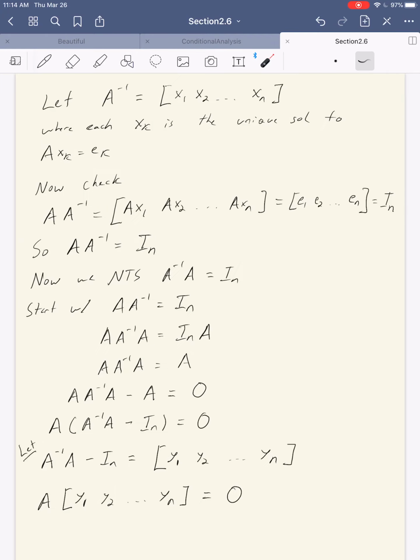Thus, we made A inverse as that collection of those unique column solutions. Then we checked directly that if we did A times A inverse, that would result, because we had constructed it that way, in those elementary column vectors, which was then the identity matrix. So that showed us that A times A inverse was indeed the identity matrix. That got us to our halfway point.